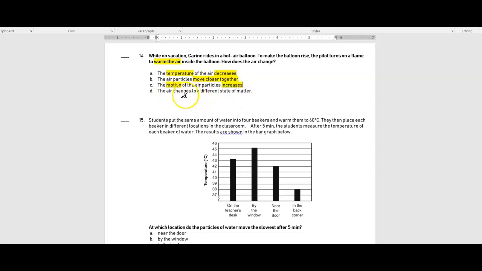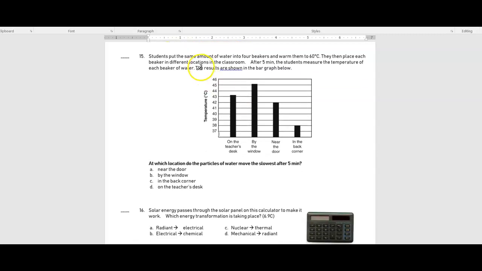Or the air changes to a different state of matter. Okay, so when you warm the air, is it a temperature decrease, moving the particles closer together, a motion increase, or changing to a different state of matter?